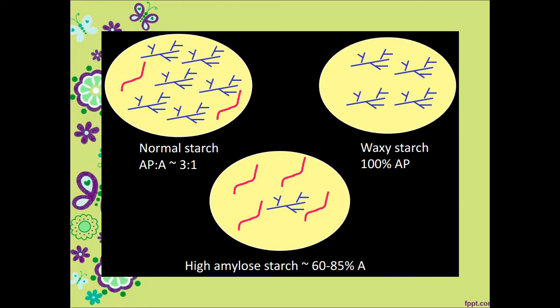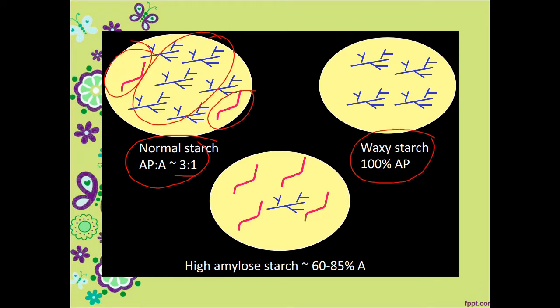If you see in this figure here, for normal starch, the ratio of amylopectin to amylose is 3:1, meaning the highly branched composition is more than the straight chain of amylose. That is for normal starch; the amylopectin content will dominate. For waxy starch, which is 100% amylopectin, you only see the granules exist as branched amylopectin.